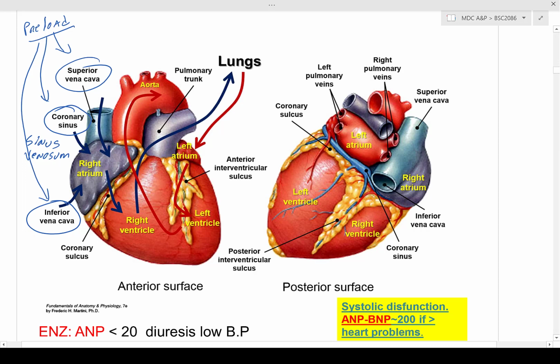Everybody got that? So what are the three structures that take deoxygenated blood into the heart? Superior vena cava, coronary sinus, and inferior vena cava. And we call that total amount of blood preload. So that's the blood entering the heart.